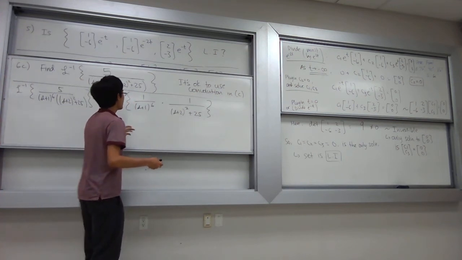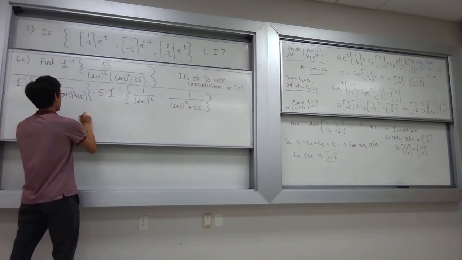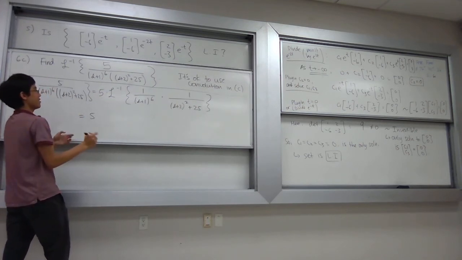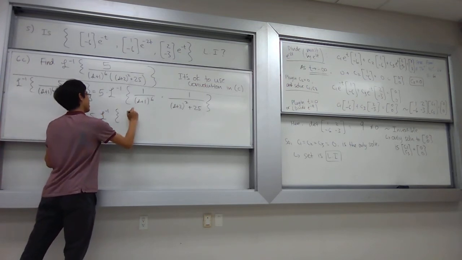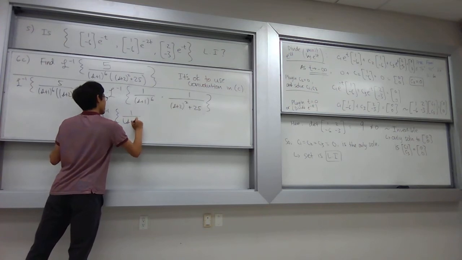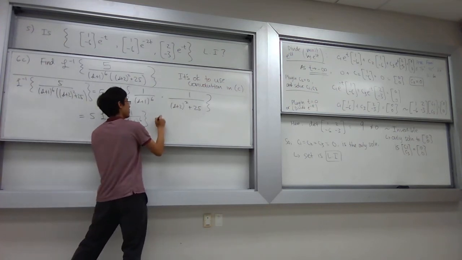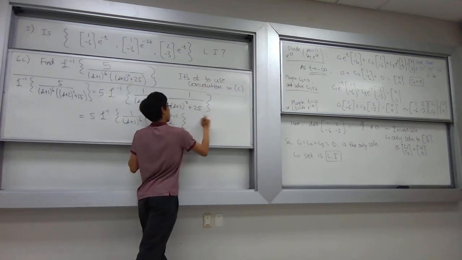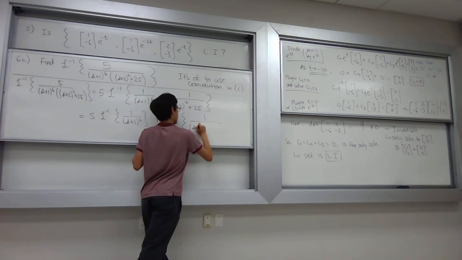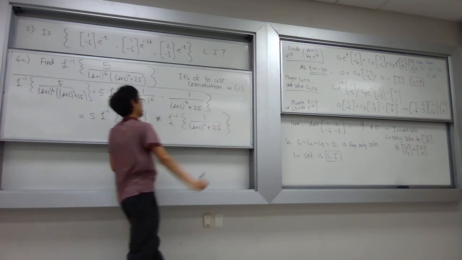So first things first, if we're going to use a convolution at all, what is this going to look like? It's going to look like this. You want to think of it in these terms: the first thing's inverse transform convolved with the second thing's inverse transform.